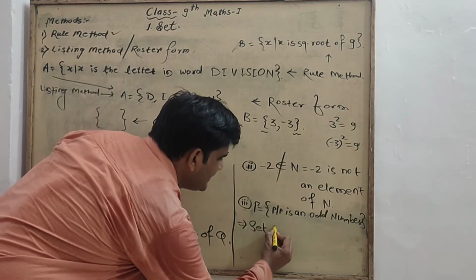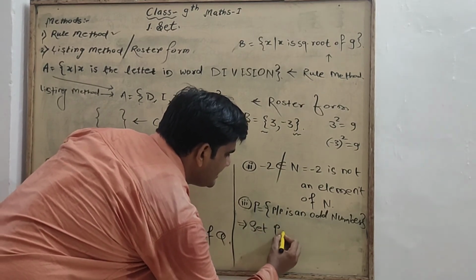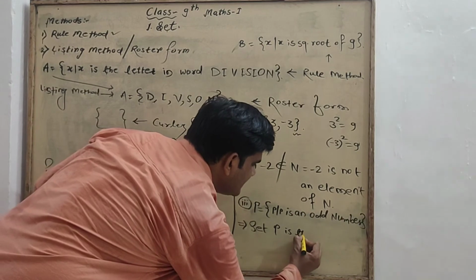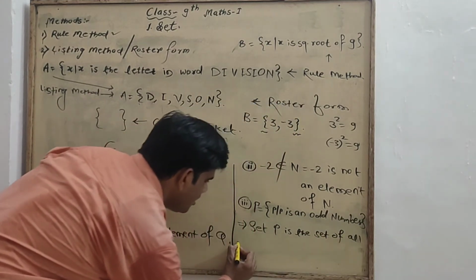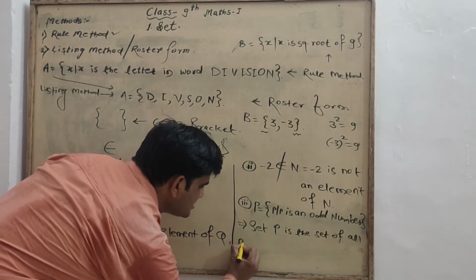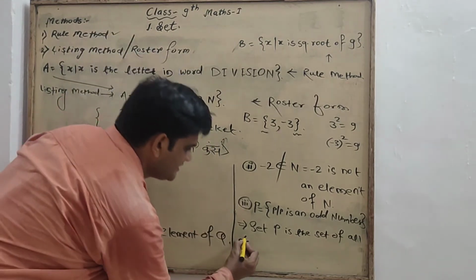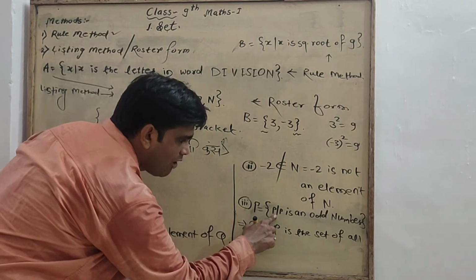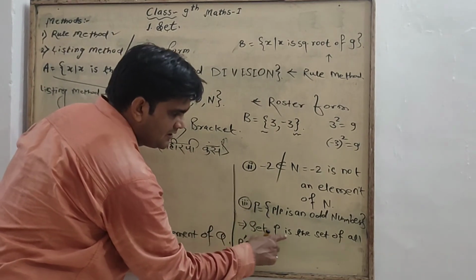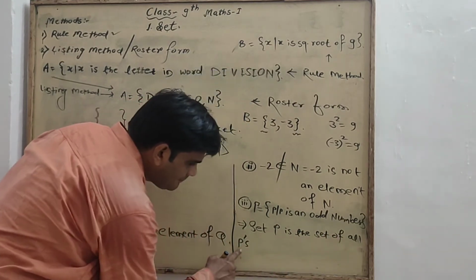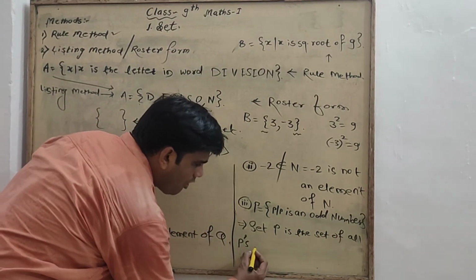Set P is the set of all p's. This is the apostrophe s to this small p. This is capital P. Again, set P is the set of all p's.